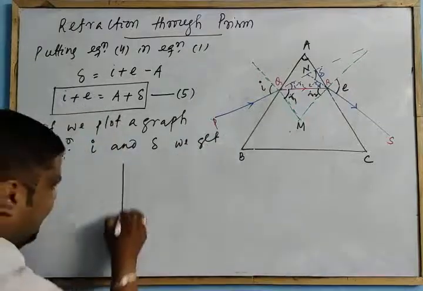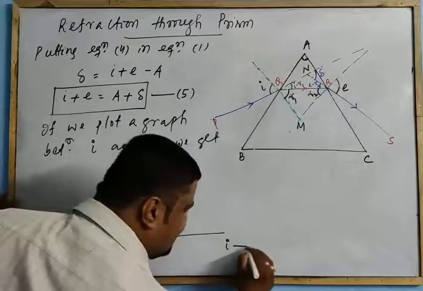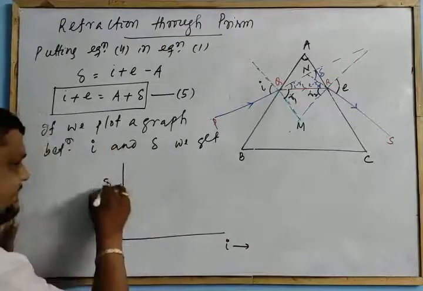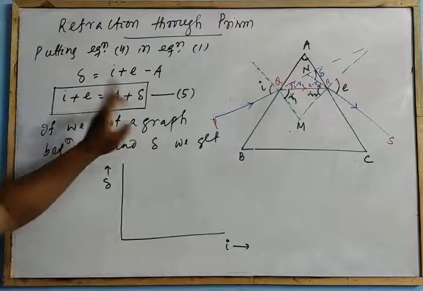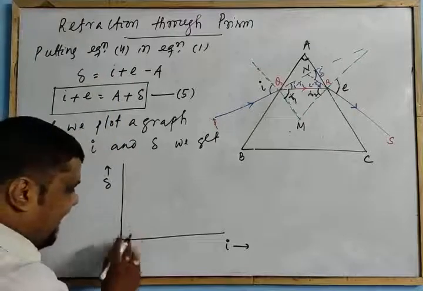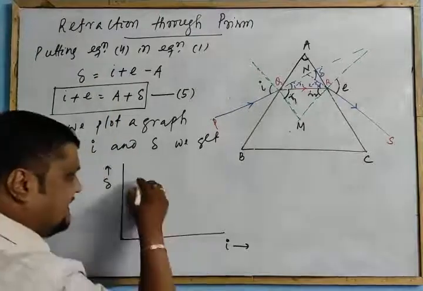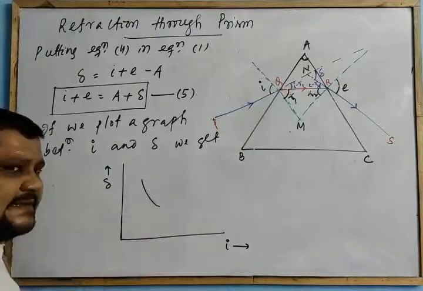I will take the angle of incidence on this side and angle of deviation delta. For different angles of incidence, you will get different delta. But first, what you will observe is that when the angle of incidence increases, the angle of deviation decreases.